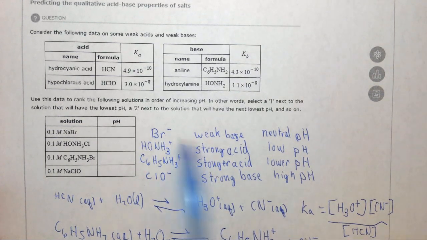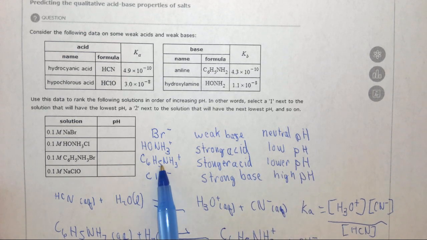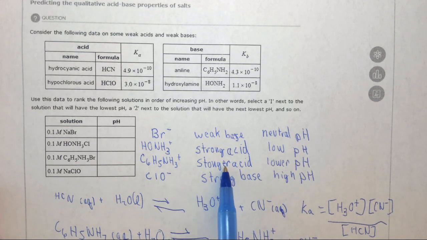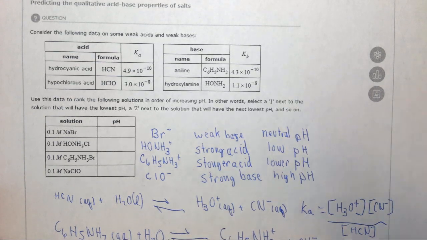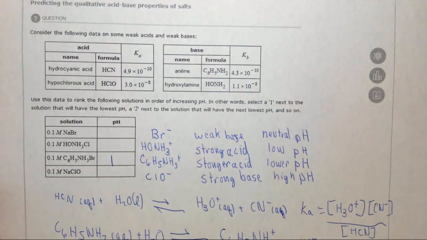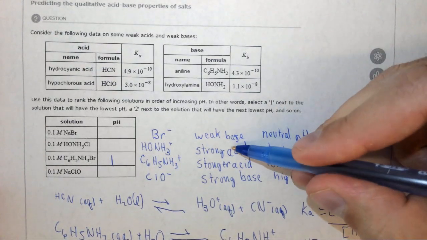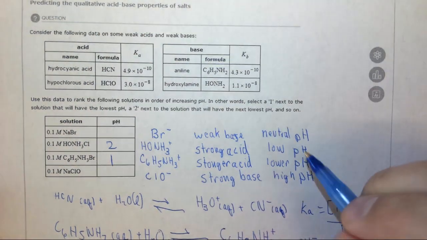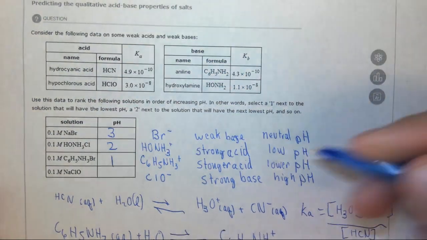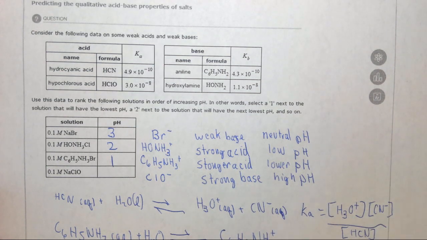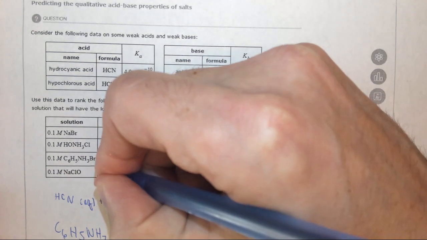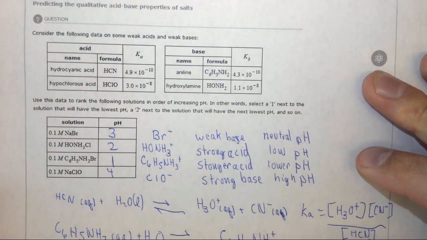So our goal here is to find the one with the lowest pH. Well, the lowest pH is going to be the strongest acid. So it turns out this is the strongest acid. So this is the lowest pH, followed by another strong acid, followed by something that's around pH 7, neutral, followed by something that's a strong base, which is going to have a high pH, making this number 4.